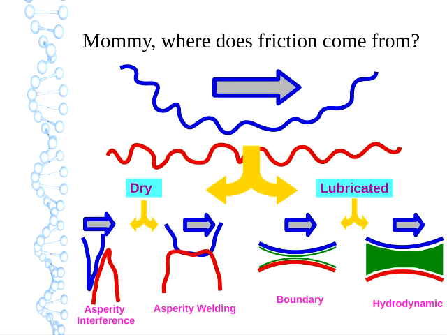Next, we have lubricated surfaces. Here we can divide the causes of friction into two basic causes. The first is boundary lubrication. Here you've got surfaces which are touching each other, but there's a lubricant present, and the surfaces are touching each other through the lubricant.